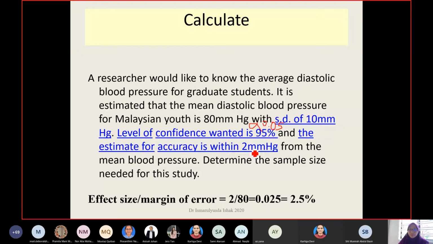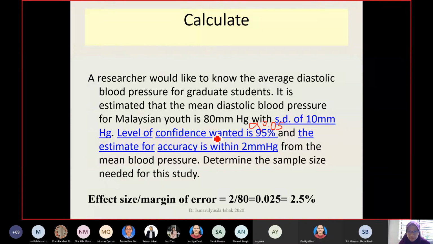When the level of confidence is 95%, your alpha is automatically 5% or 0.05.